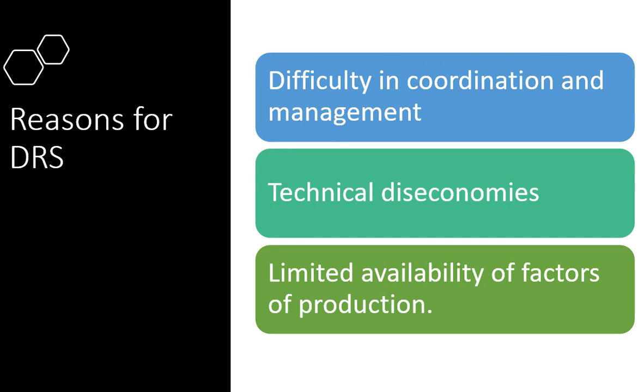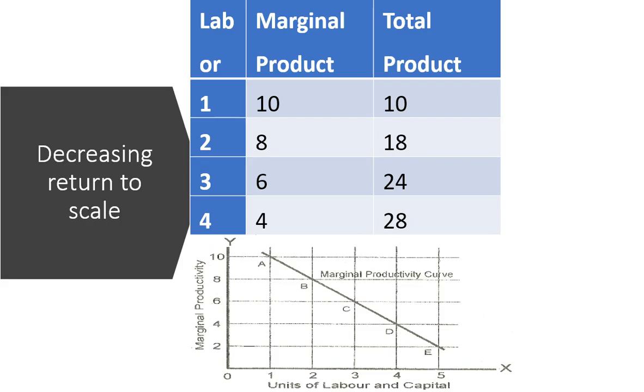The first reason is difficulty in coordination and management, like the manager or the supervisor fails to manage the laborers. Secondly, technical diseconomies. The firm may not have modern technology and is using old technology. Thirdly, limited availability of factors of production. You are increasing your labor but you are not increasing your machinery. So in this way your output decreases.